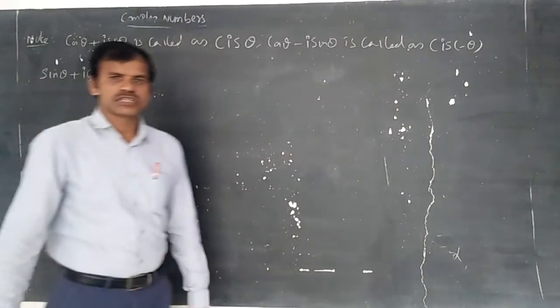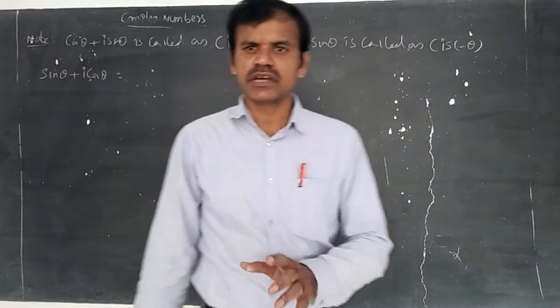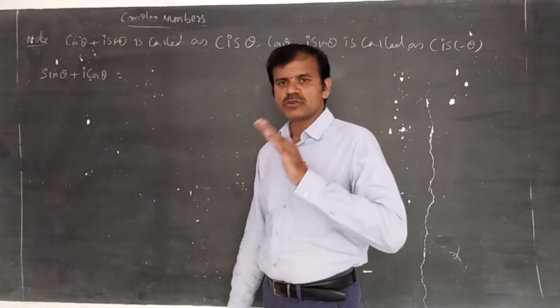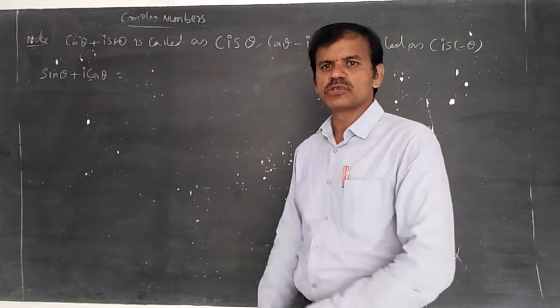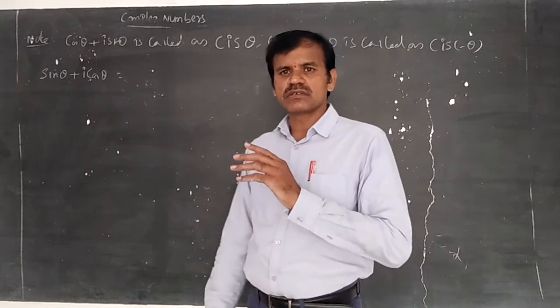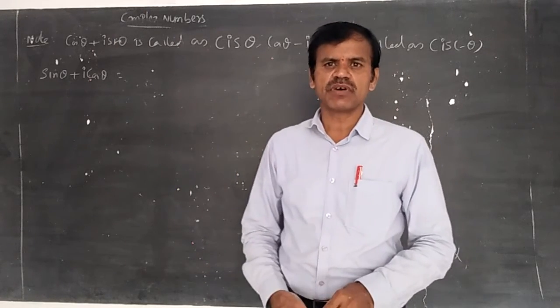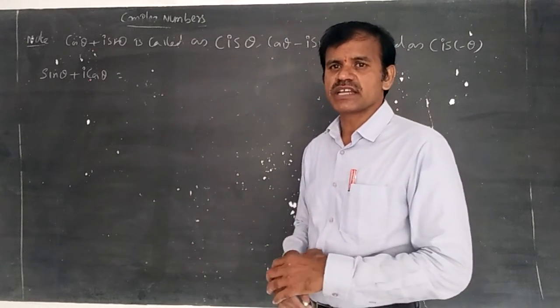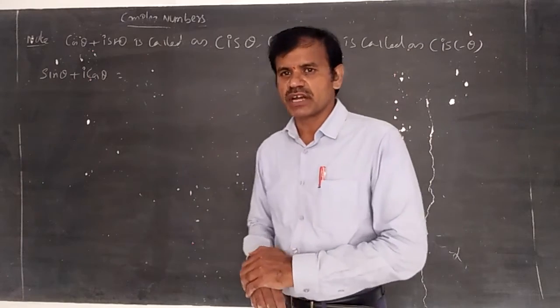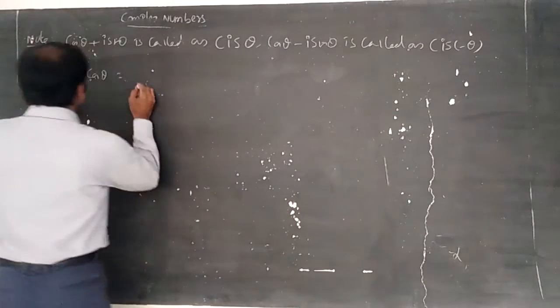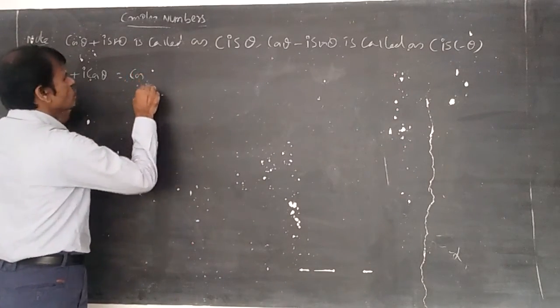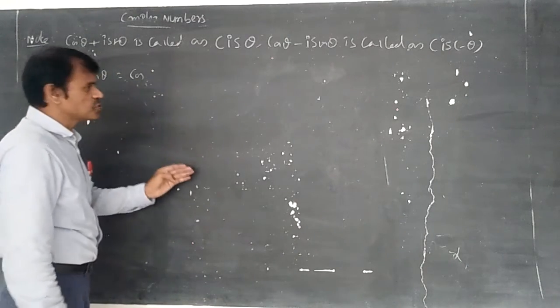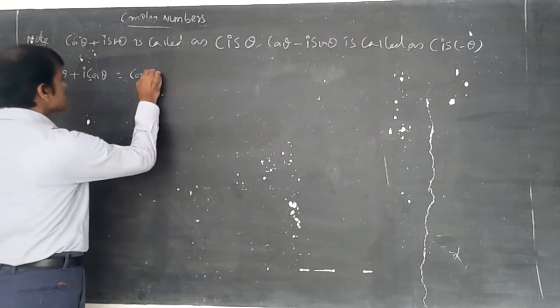The general notation is that you should get cos first and sin second, because cos indicates the x-axis, the polar axis or real axis, and sin the y-axis, the imaginary axis. So even though it is given as sin plus, you should convert the sin theta into cos theta.